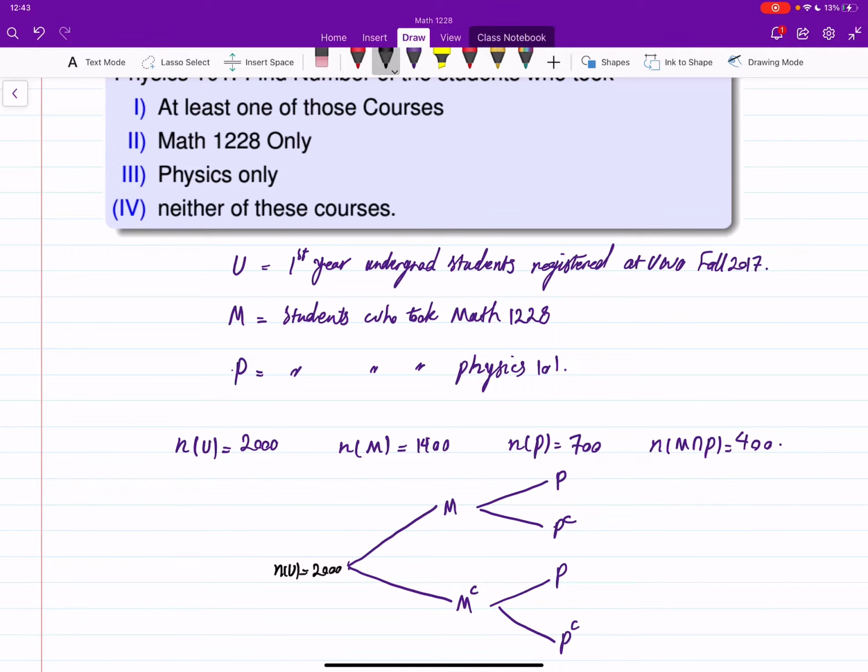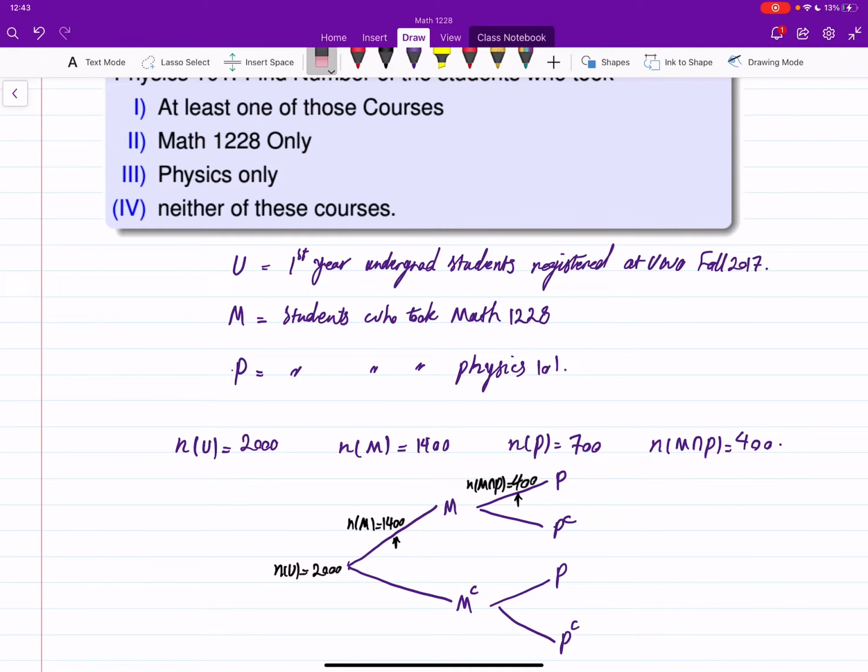On each branch, we put the number of elements of the intersection set of all the sets from that endpoint of that branch up to the root. For example, for this one, there's only one, so we put N of M, which is 1400. And for this one, if I go from the end of that branch to the root, there are two sets, P and M, so you find the number of elements in the intersection of those two, this is 400.